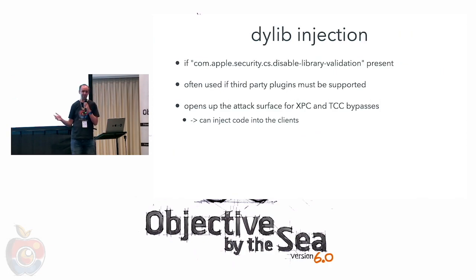Oh, and DYLD injection, I think with the hardened runtime, this is dying out. Unless you must support, for some reason, things like third-party plugins, then developers have to use the disable library validation entitlement, which basically allows them to load third-party libraries. I think they are not so common nowadays, but it's still a thing.